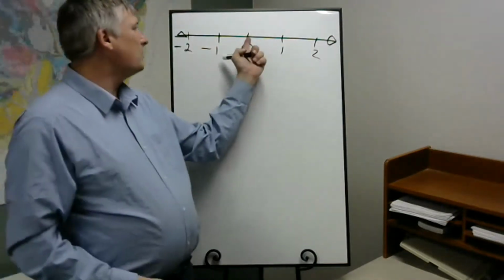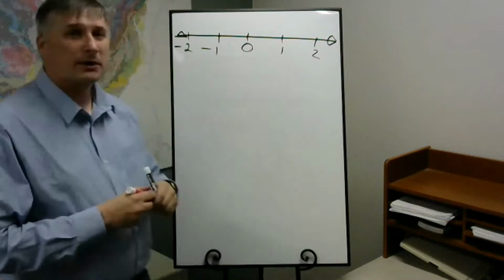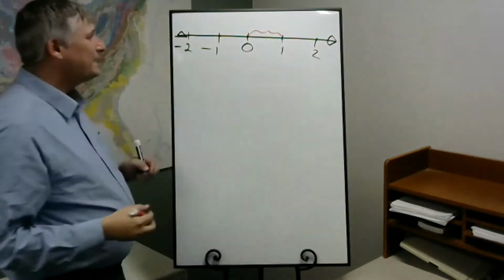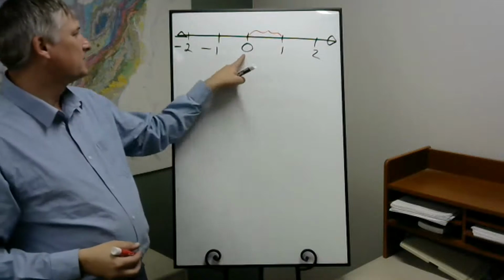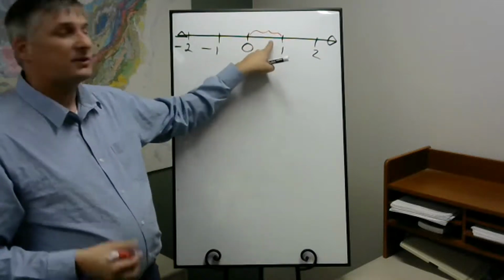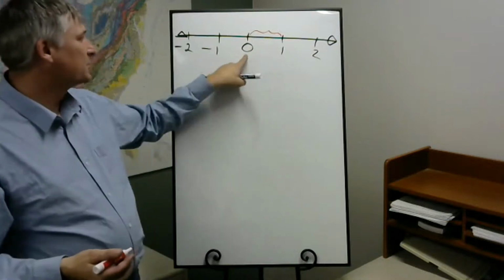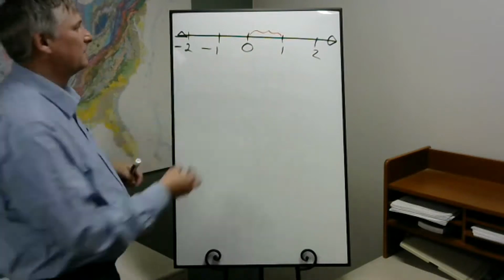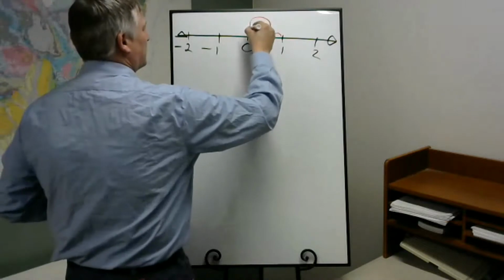If we think about all the numbers between 0 and 1, the greatest integer that's less than these numbers, 0, -1, and so on, 0 is the largest. So they're all going to go to 0.